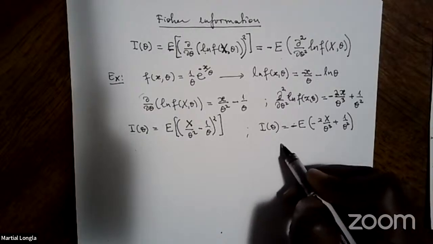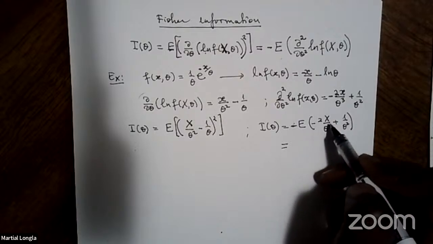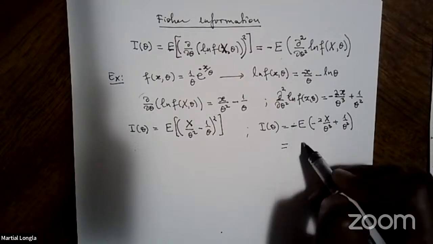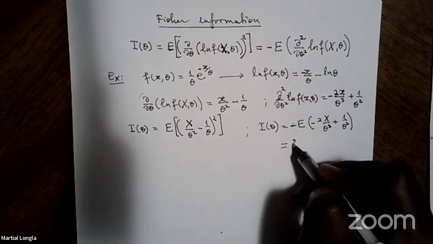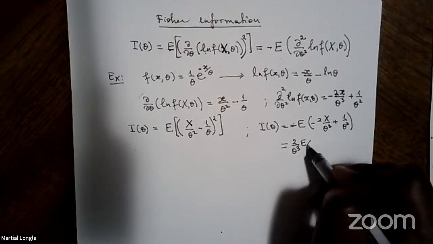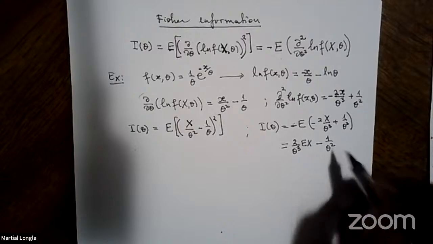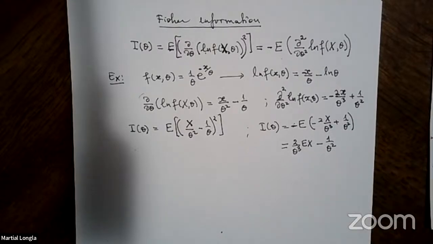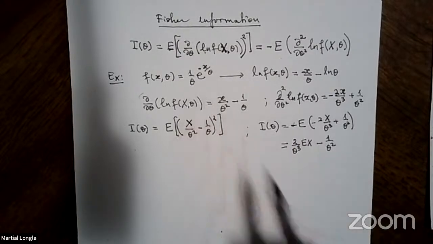Okay, so what do we get here? Minus and minus, that becomes a plus 2 over theta cubed expected value of x minus 1 over theta squared. And so what is the expected value of x for this distribution?